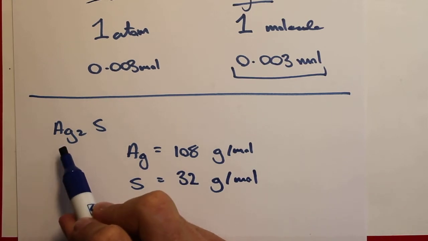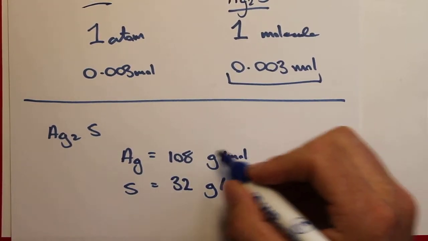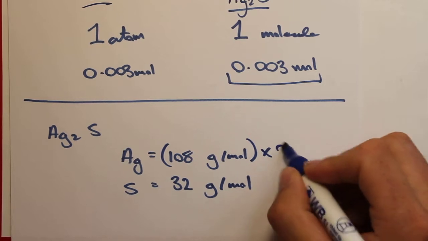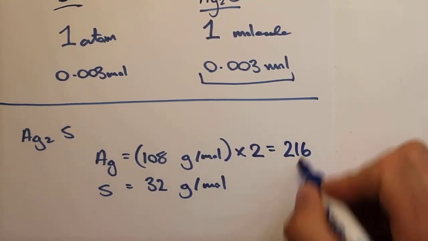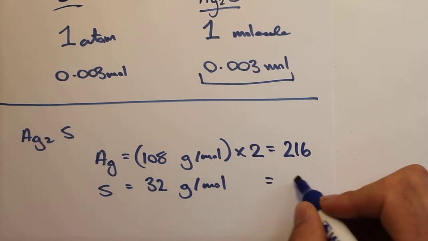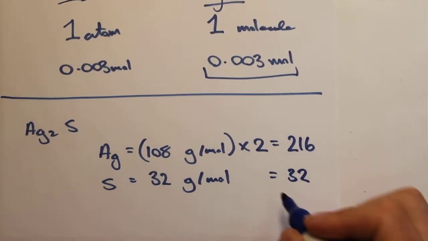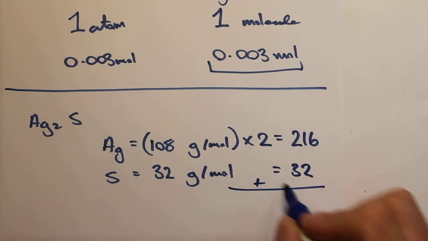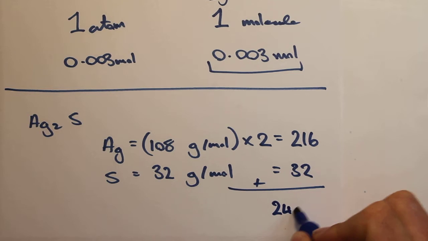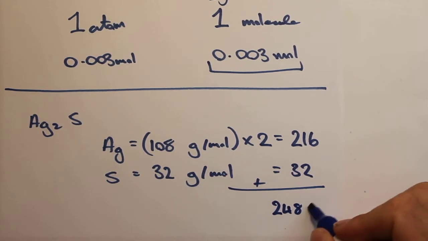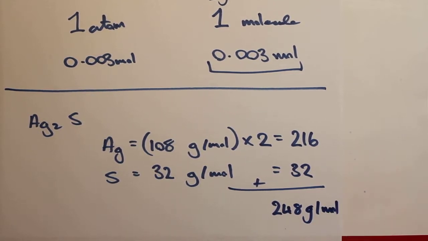Now we've got 2 silver atoms, so we're going to have to multiply this by 2. And that's going to equal 216 grams per mole plus our 32 grams per mole, and this is going to equal 248 grams per mole.